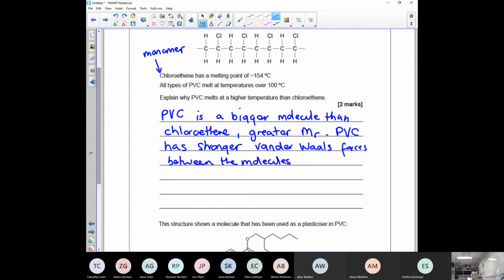You could say dipole as well. So it takes more energy to break up PVC than chloroethene. So: stronger van der Waals forces between the molecules, or you could generalise and say PVC has stronger intermolecular forces. Entirely up to you which one you use.